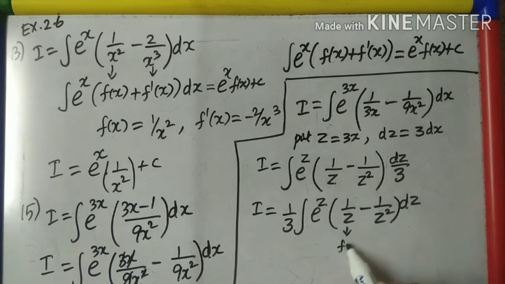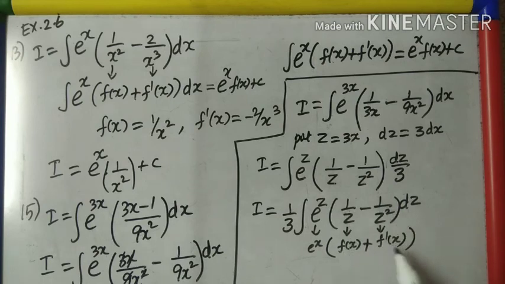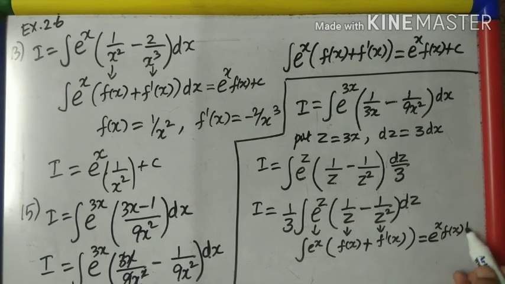Now this is f of x and this is f dash of x and this is e power x. F of x is 1 by z, f dash of x is minus 1 by z square. So what formula is this? When I integrate e power x f of x plus c.